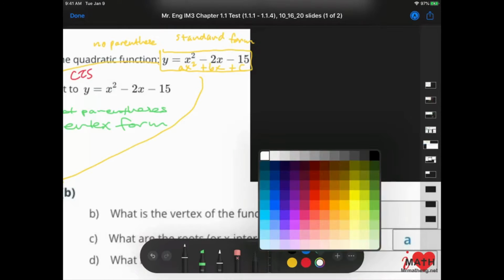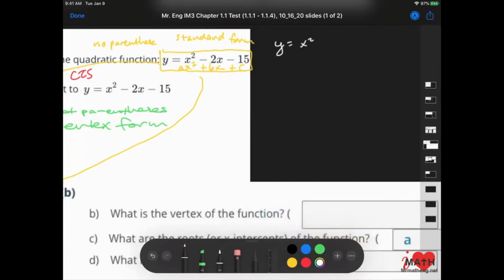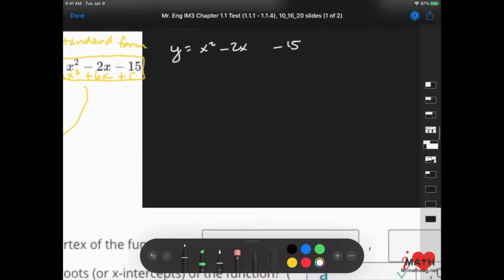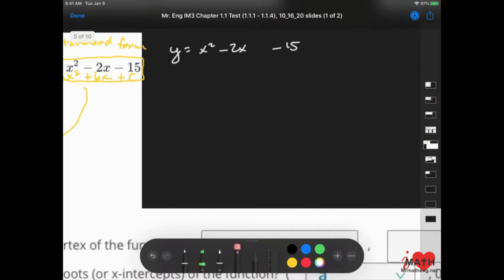I like to write it y equals x squared minus 2x minus 15. Okay. Well, how do you complete the square? First, my a value is 1, which is good. And then the next thing I have to do is use this formula, b over 2 squared.